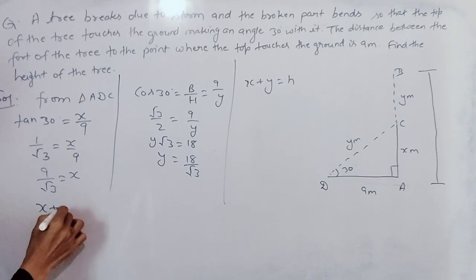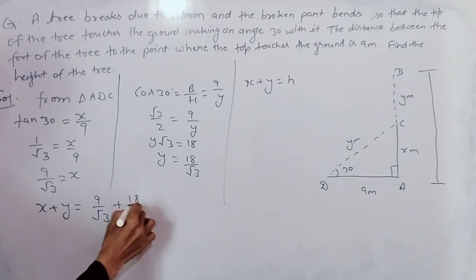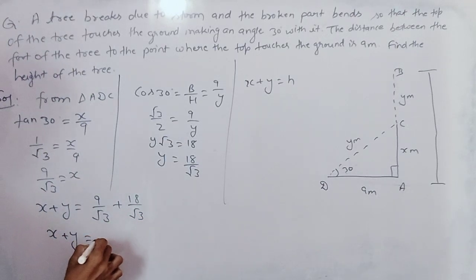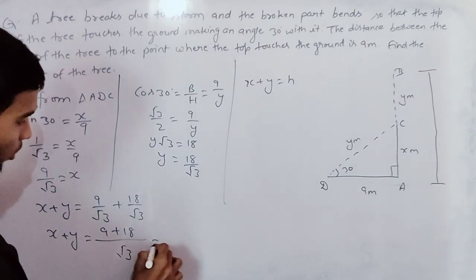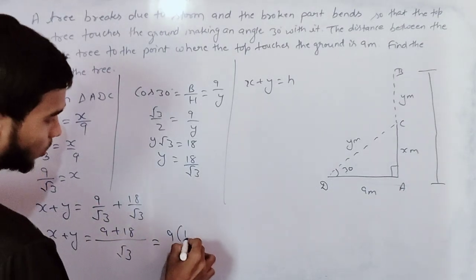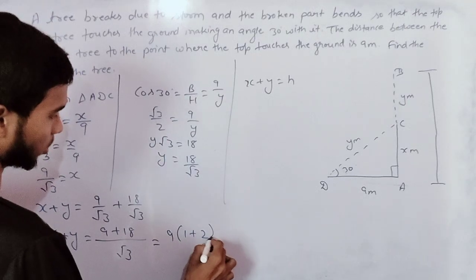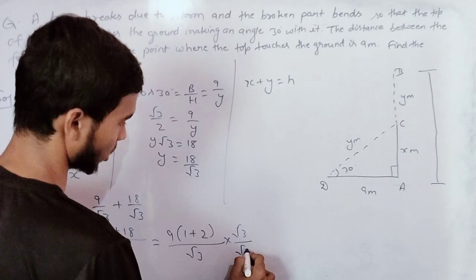So x plus y is 9 upon root 3 plus 18 upon root 3. Root 3 is common, 9 plus 18. To remove the root in the denominator, we multiply by root 3 upon root 3.